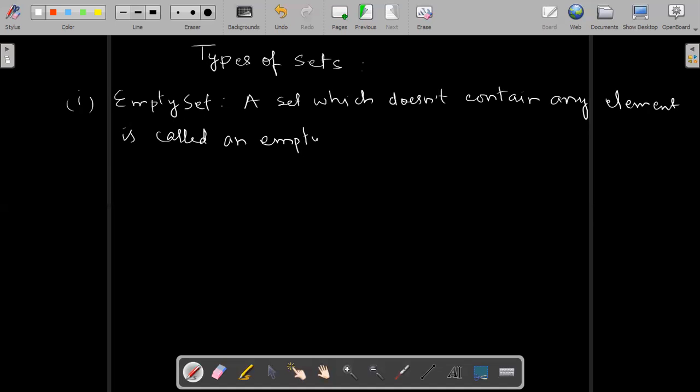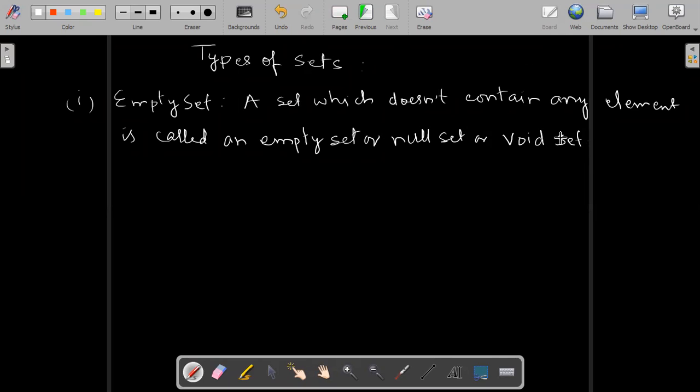It is also called a null set, or we can say a void set. Same thing. You can call it a null set, void set, or empty set.